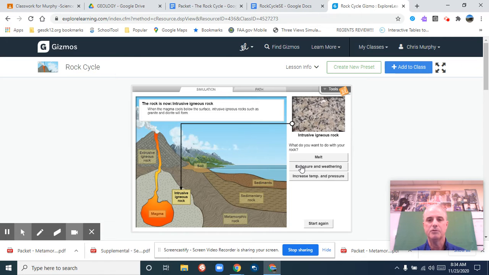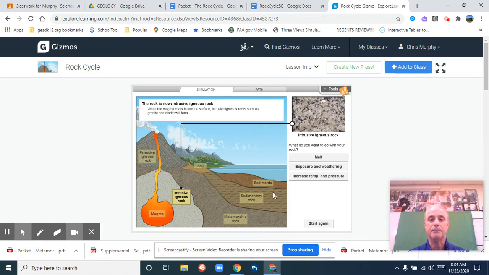Then we have exposure and weathering. Exposure means that you're open to the atmosphere and you're breaking rock down. Sedimentary rock is made of sediments, or broken down parts of other rock. So that may be an answer.